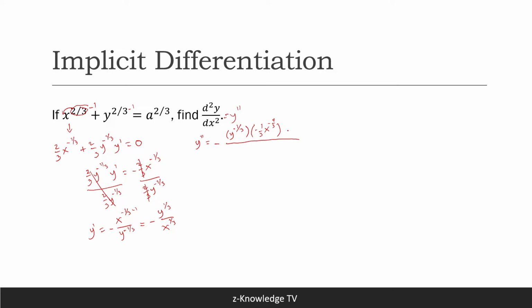Okay? So, minus, sa numerator naman yung copy lang natin. So, x raised to 1/3. Okay? Then, differentiate ng denominator, which is ito yun. So, differentiate ng denominator natin is negative 1/3 y, negative 4/3.